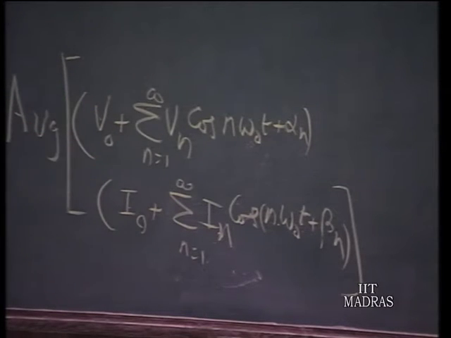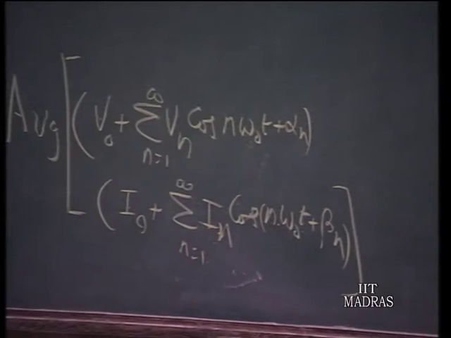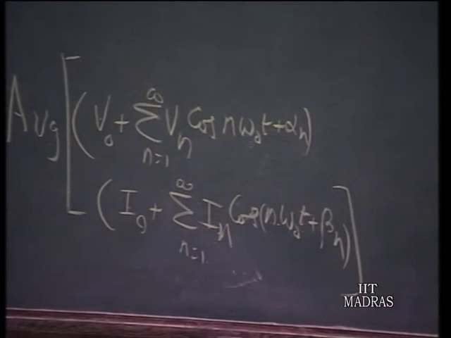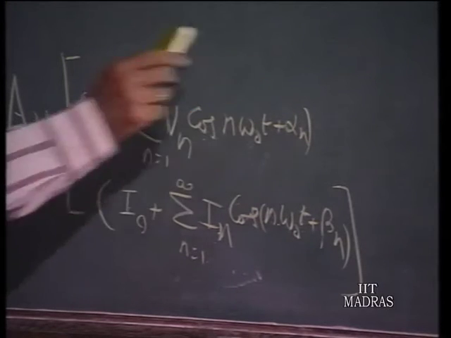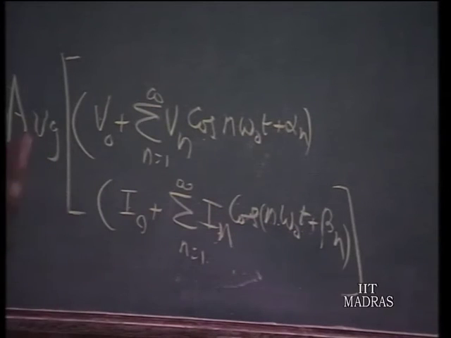So as far as the V naught is concerned, the contribution to the average will come from the term V naught I naught. Similarly, when you take the fundamental here, V1 cos(omega naught t plus alpha 1), that multiplied by I naught will have a 0 average. V1 cos(omega naught t plus alpha 1) multiplied by I1 cos(omega naught t plus beta 1) will have an average. After all, it is a voltage and current at the same frequency.